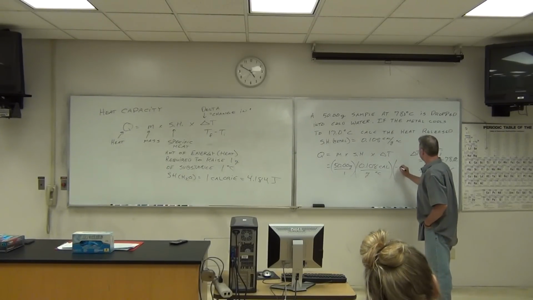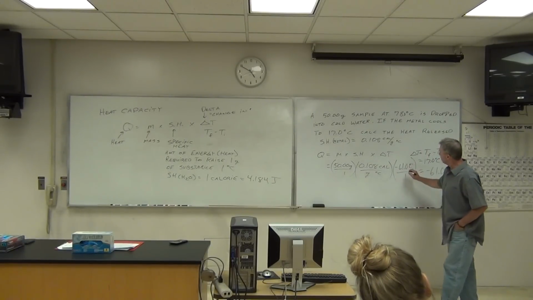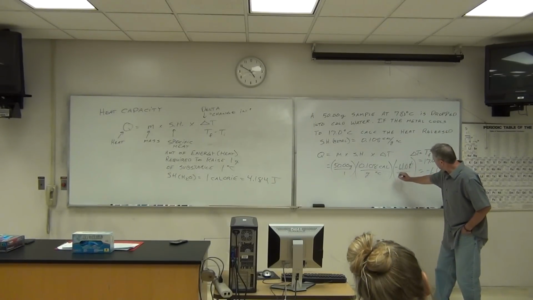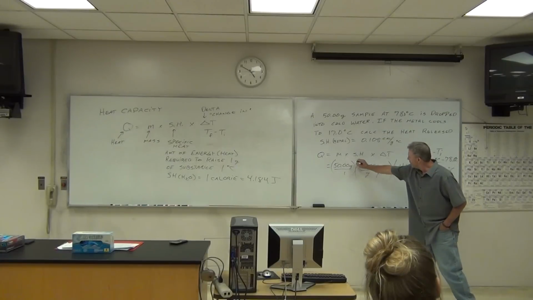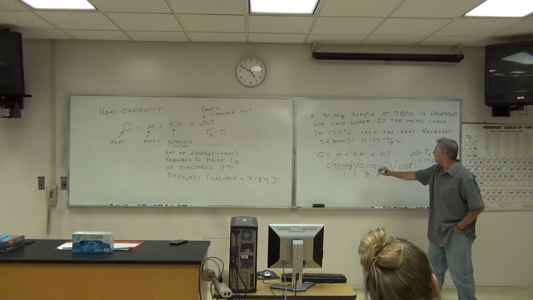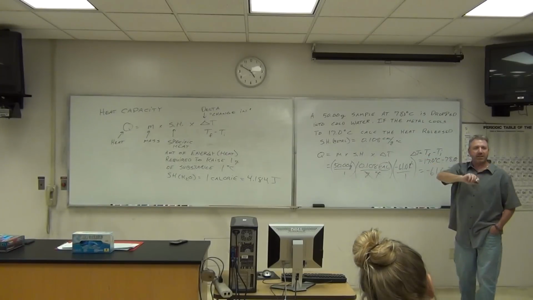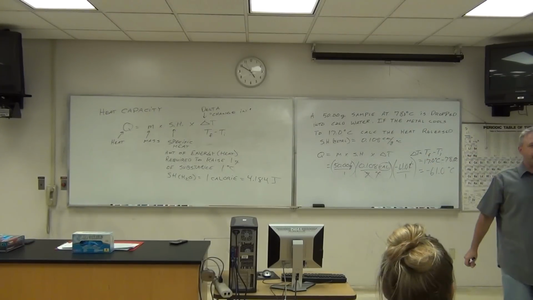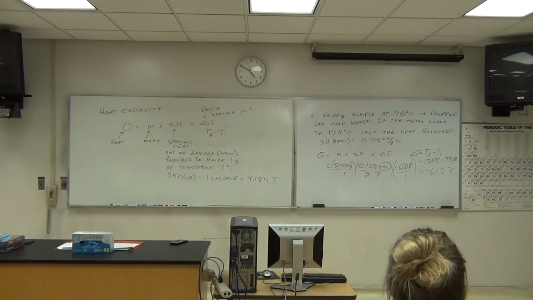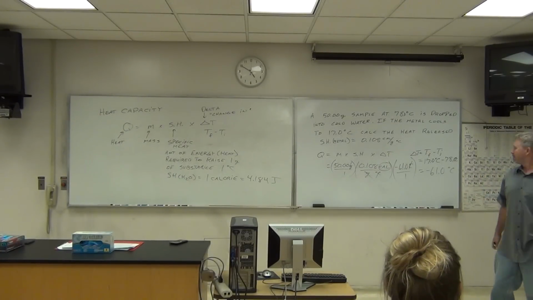And my delta T is negative 61.0 degrees Celsius. Look at this. And I'm left with calories. What a coincidence that that's a unit of heat. Calories or joules, it's a unit of energy.